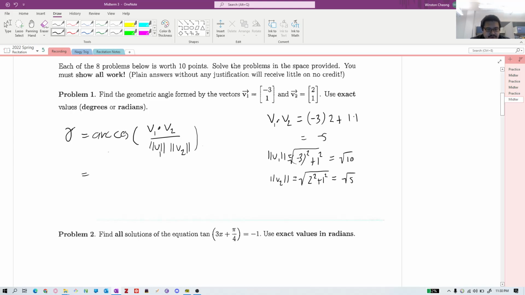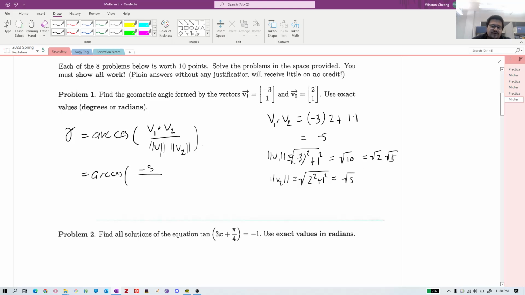Now when we plug into this expression for gamma, the geometric angle, minus 5 goes on top, and then on the bottom we have root 10 times root 5. Now notice that root 10 actually has a root 5 inside of it, so I could split this into this quantity.